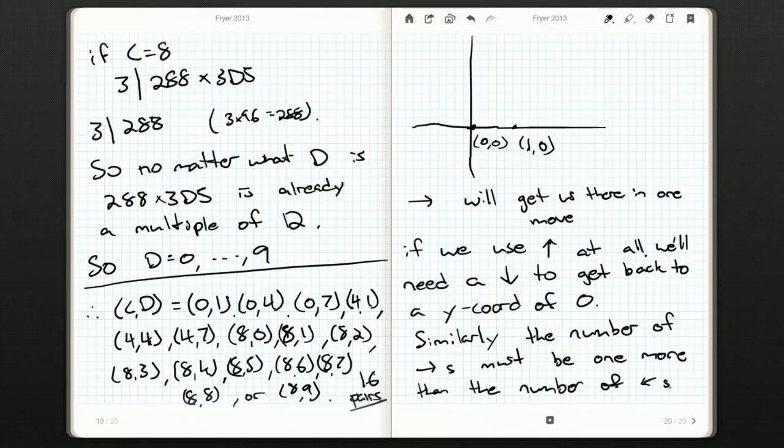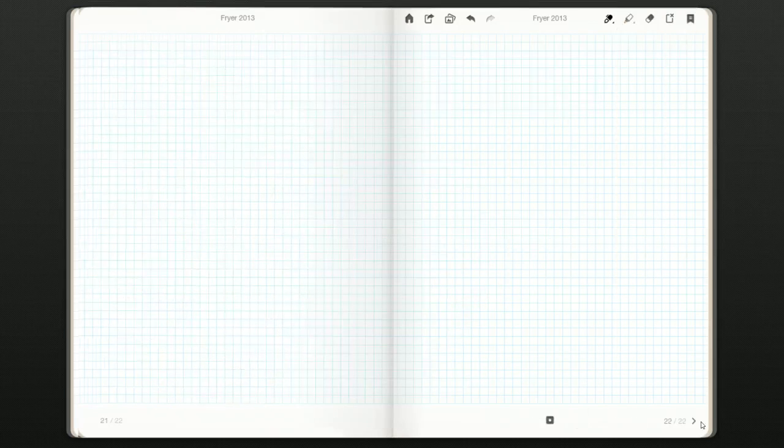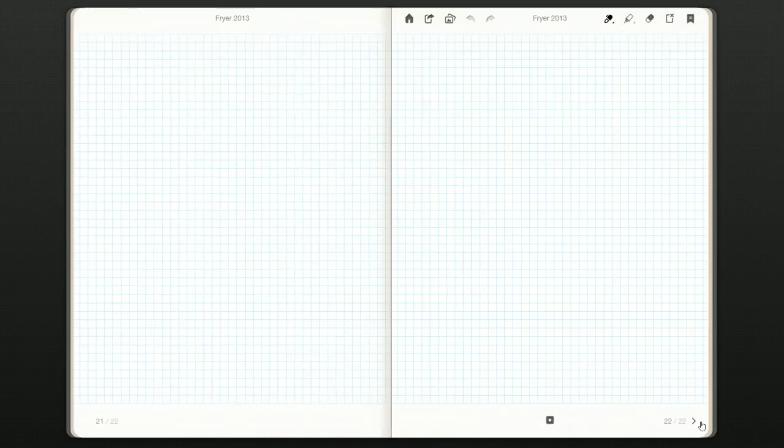If we want to just move over to the right one, all our ups and downs will need to cancel, and all our lefts and rights will need to cancel, except for 1 right. We need to move right by 1. So, what does this tell us?